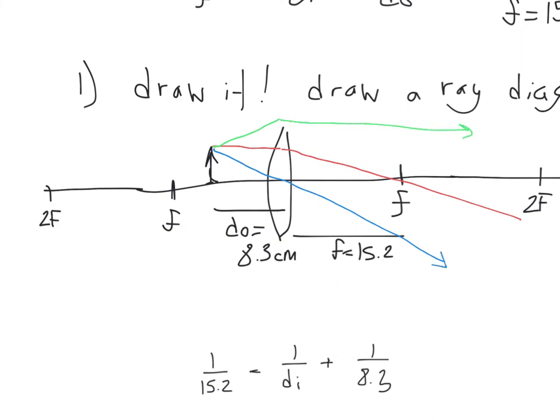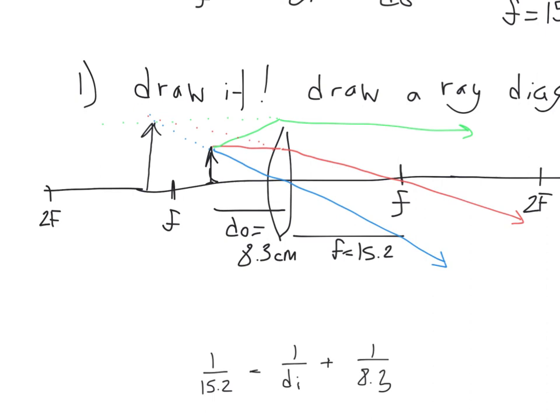Make sure to draw your little arrows in. If we dot back our rays, or refracted rays, sorry, dot those back, and dot that back, then we come to an image that is about here.